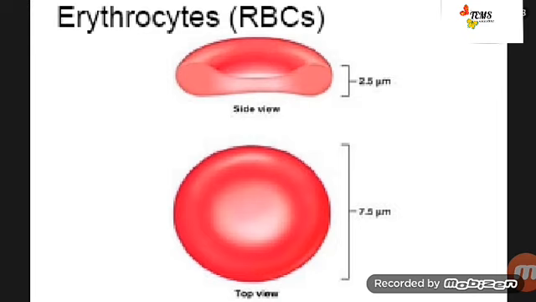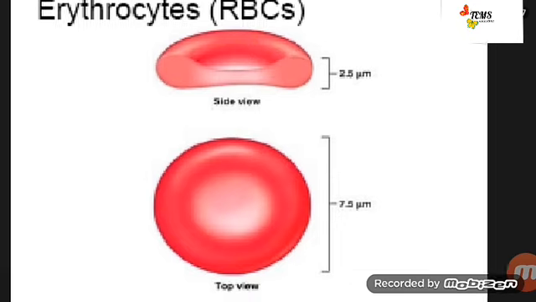Now we'll discuss erythrocytes or RBCs, red blood cells. From the top view it is 7.5 micrometer and from the side view it is 2.5 micrometer.